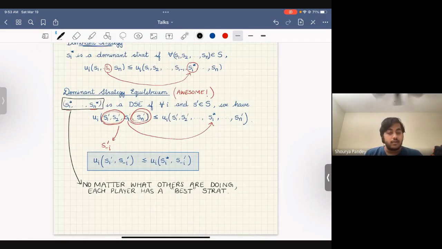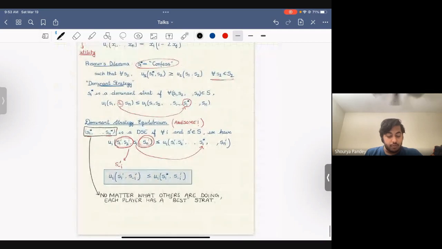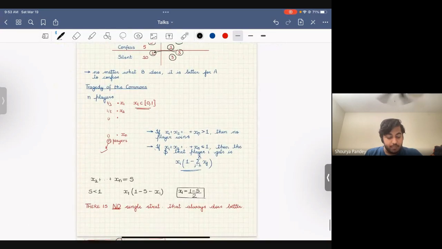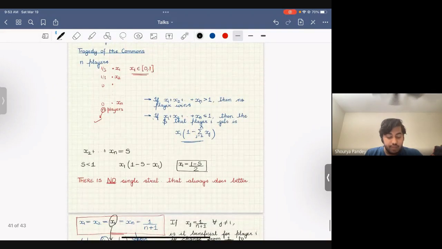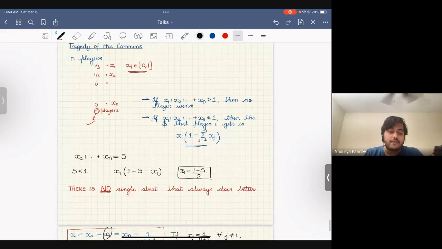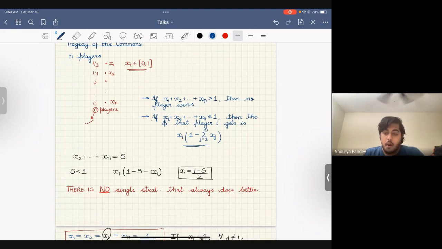Great. We saw that in the first example we have such a dominant strategy. In the second example, we didn't see a dominant strategy. So let me go through that once.